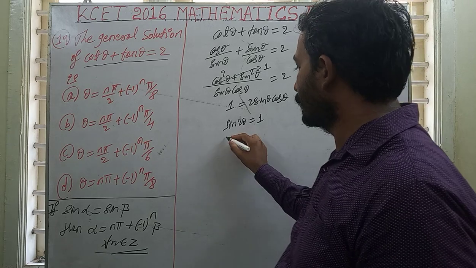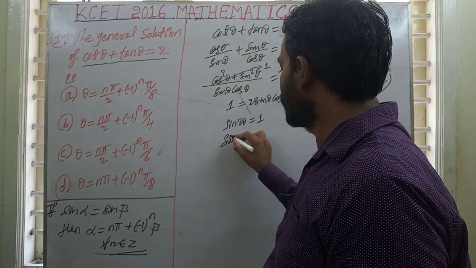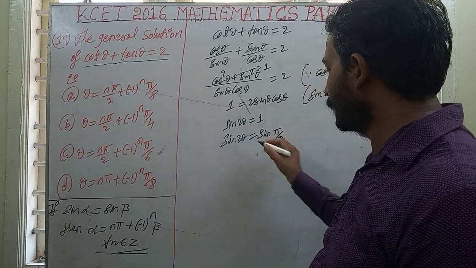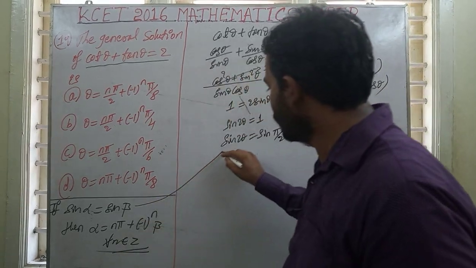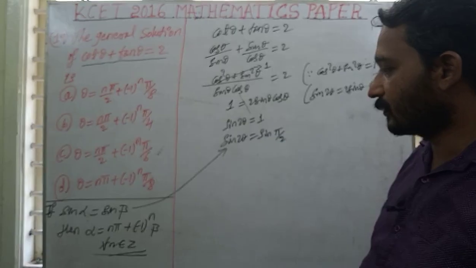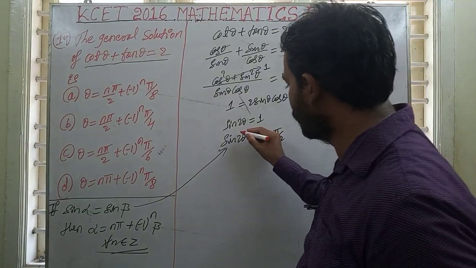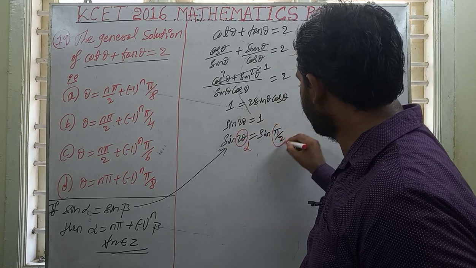Now 1 can be written in terms of sin pi by 2, sin 90 degree is equal to 1. Now it is in the form of sin alpha is equal to sin beta. So 2 theta is alpha, and pi by 2 is beta.